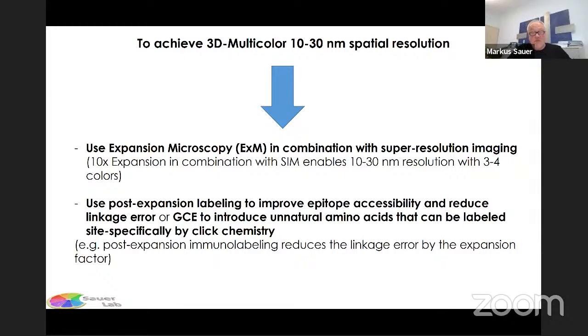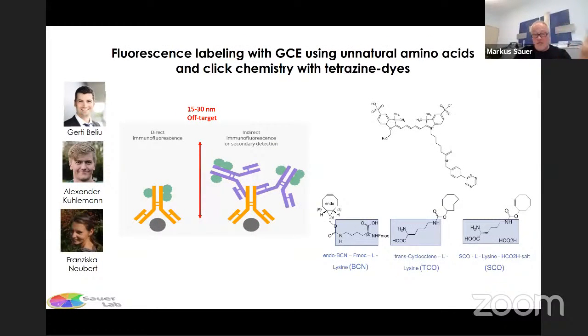And we're working heavily on genetic code expansion to introduce unnatural amino acids that can be labeled site-specifically with a 1 nanometer sized fluorophore. This is what Gatti is mainly responsible for in my lab, and he has really been pushing genetic code expansion in the last few years, to try to get rid of this problem.